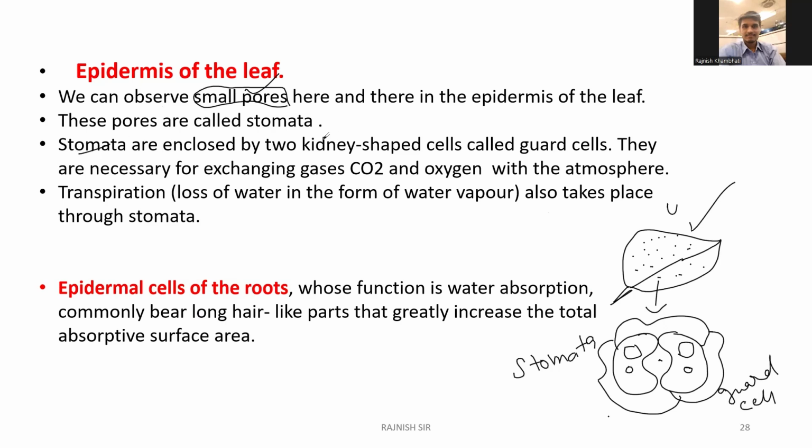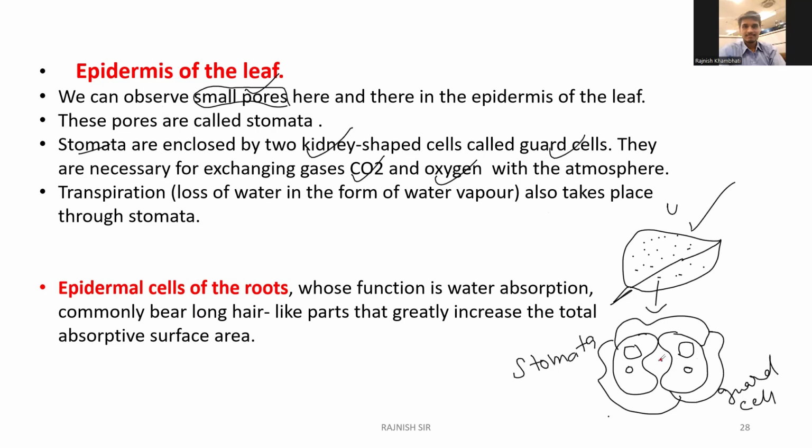See, stomata are enclosed by two kidney-shaped cells called guard cells. They are necessary for exchanging of the CO2 and oxygen, and it is their function. So what basically they do? See from the diagram. I will take some other color again.